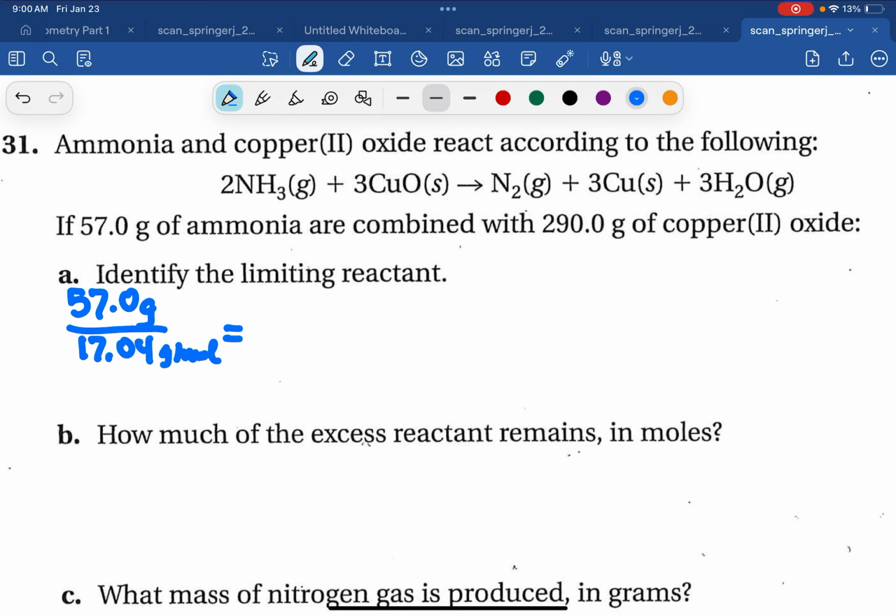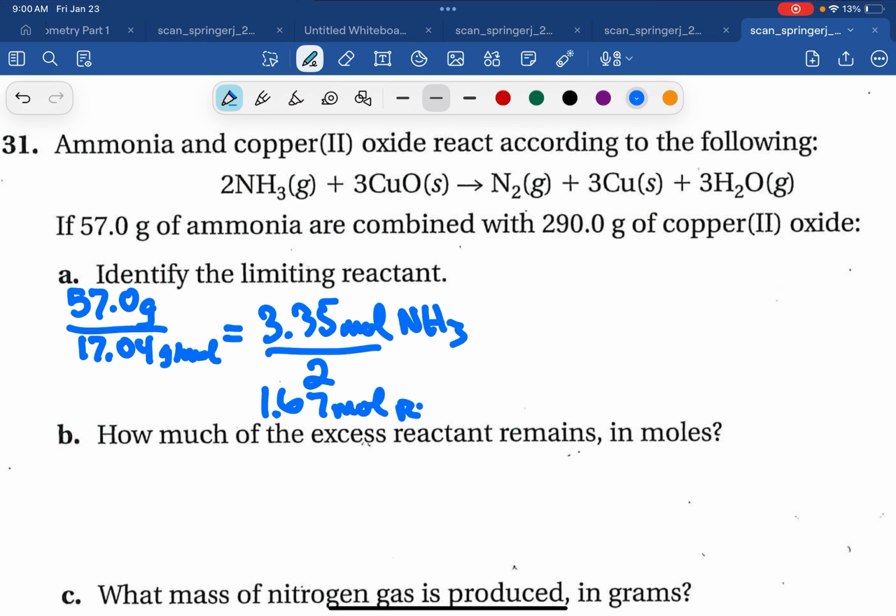And that will get me 3.35 moles of ammonia. I'll divide that by the coefficient of 2, and I'll get 1.67 moles reaction. And this is what we did on that chart that day.